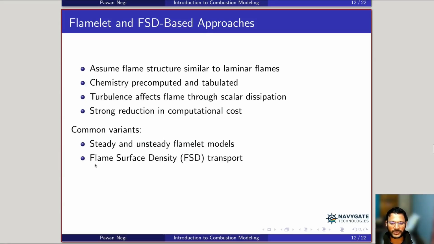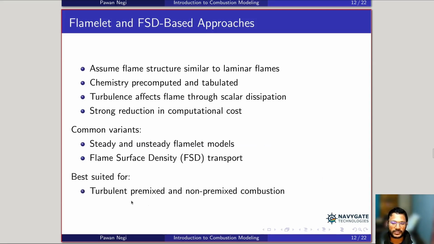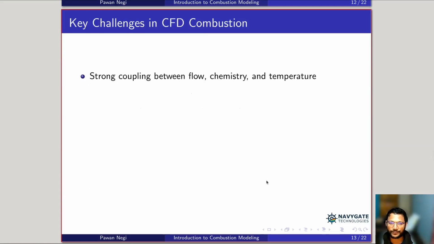Here also a flame surface density transport is used, but the unburnt and burnt field is solved for the entire flame, not volumetrically. There is a flame front which is solved and advected. This is best suited for turbulent premixed and non-premixed combustion.